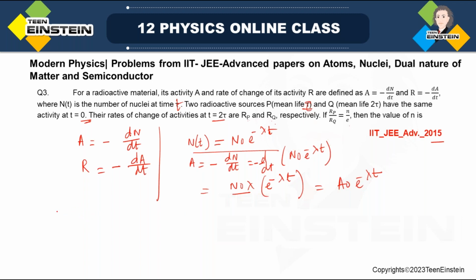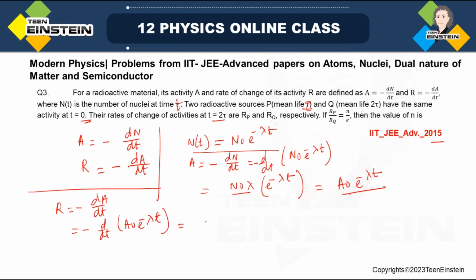Now look, the rate of change of activity, R is equal to minus dA by dt. Minus dA by dt means what? We have already found out what A is. We can write it as d by dt of A0 e to the power minus lambda t.